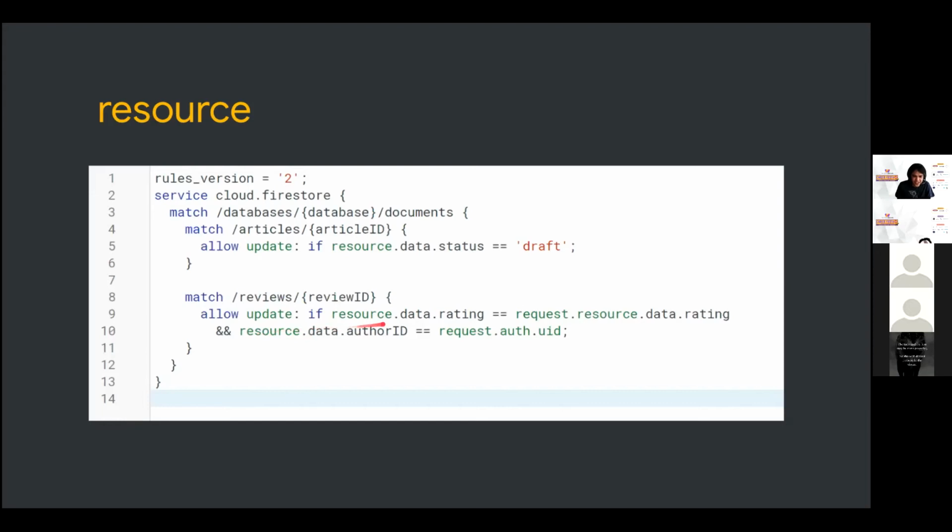We can enforce that by checking the user making the request, so that's request.auth, we check its user ID and compare it to the user ID that we have stored in the document already in Firestore. Resource.data.authorId, for example, could be a field here. So we can do things like that with security rules. Nothing really much to say about resource. It represents the data that's stored in Firestore that we are trying to access.